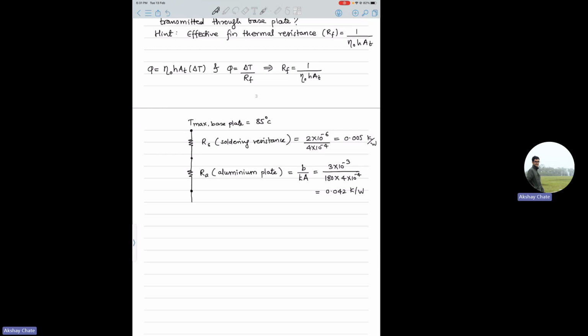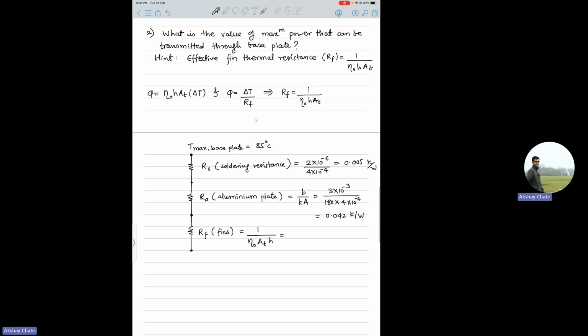And then you'll have the fin, the thermal resistance offered by fin, and that will be nothing but 1 by overall efficiency, total heat transfer area, and H. Overall efficiency we just calculated, 0.719.